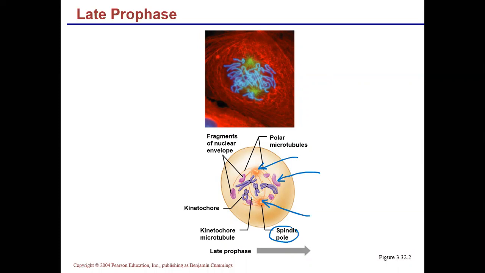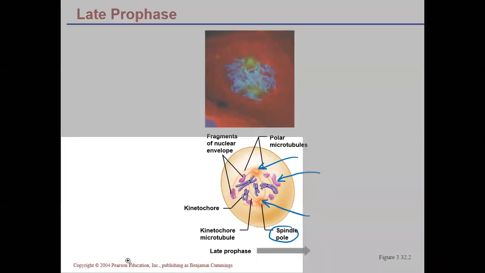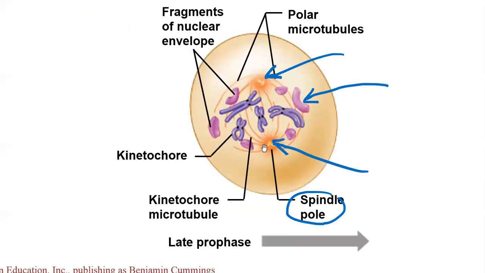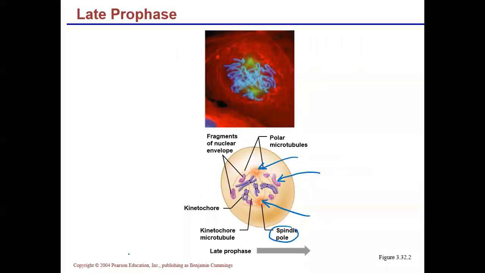If you look carefully, on a larger scale, you could see they are attaching to the chromosome. This area is called the kinetochore. Why are they attaching to the chromosomes? So that you could move these chromosomes and line them up. And that's exactly what happens in the next phase.